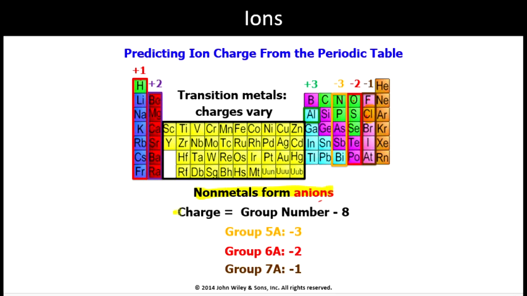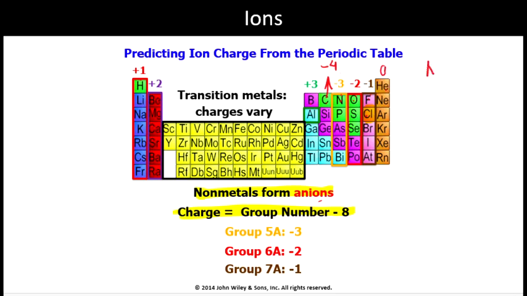Non-metals make anions, and the charge is the group number minus 8. Non-metals are placed on the right side of the periodic table. So group number 4, 4 negative. Group number 5, 3 negative. Group number 6, 2 negative. Group number 7, 1 negative. Group number 8, 8 minus 8, 0.